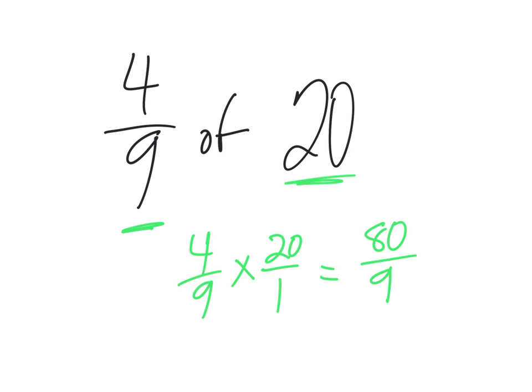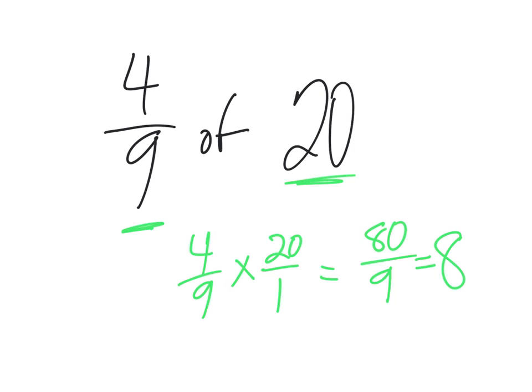So on this problem, I'm going to have to think, what is 80 divided by 9? Well, if you know your nines, you know that 9 can't equally go into 80, but you can get close. 9 times 9 is 81. That's too much, so we're going to have to back off one. How many times can this truly go in?